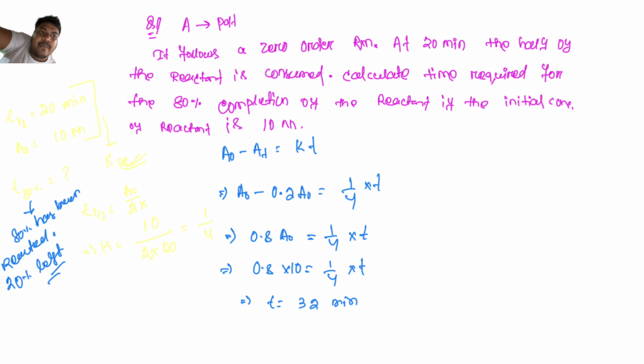Unitary method means it is saying that 50% is completing in 20 minutes. Now for 1% completion it will become 20 by 50 minutes.